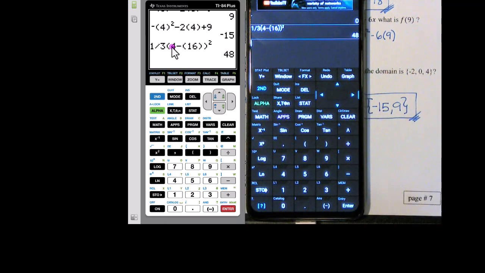Okay, and we press enter, we get 48. Please notice also that they have the negative sign right there, just like your calculator right here. That's why I like this app, and I recommend this app so that you can have an app in your phone, and the calculator here is cool.